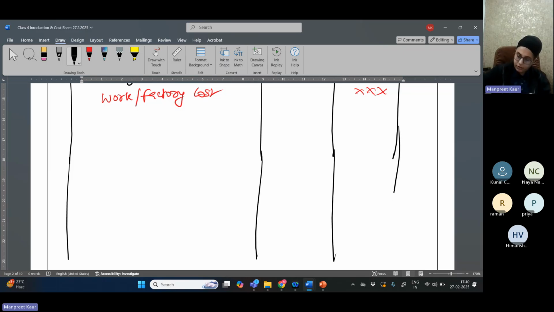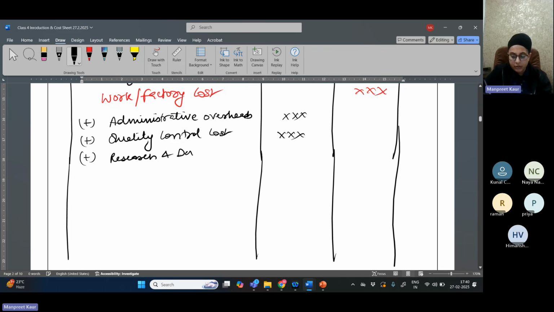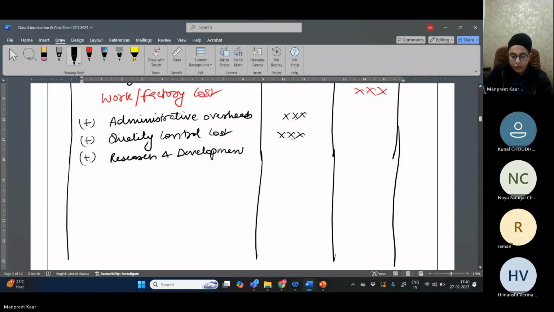In work cost, we add administrative overheads, plus quality control cost, plus research and development cost.